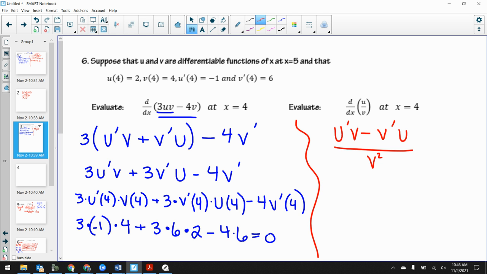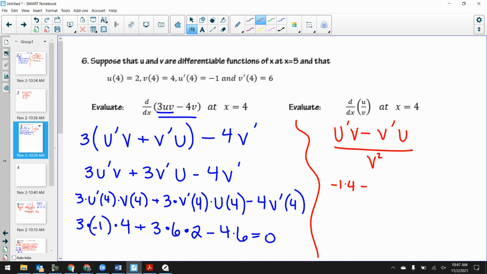So again, this is like saying u prime at 4 times v of 4 minus v prime of 4 times u of 4 over v of 4 squared. I'm not going to write that out like I did in the product rule, because I hope we understand that now. What is u prime of 4? Negative 1. What is v of 4? 4.